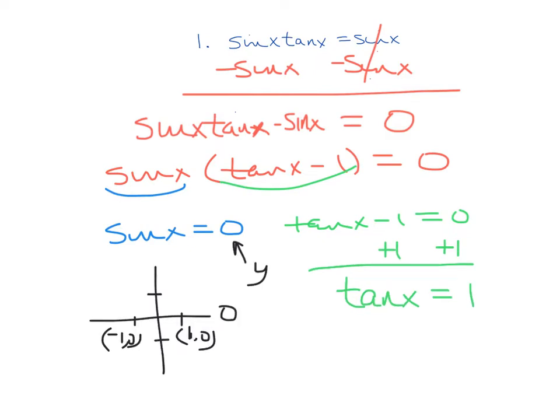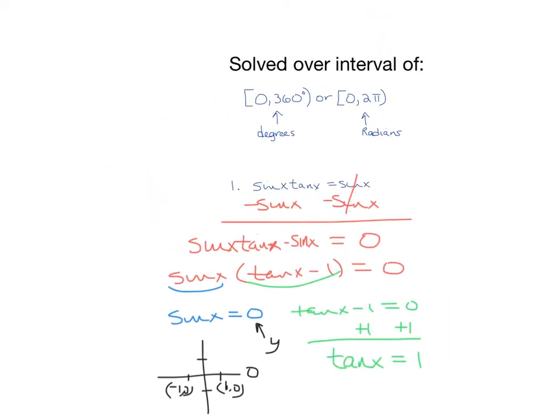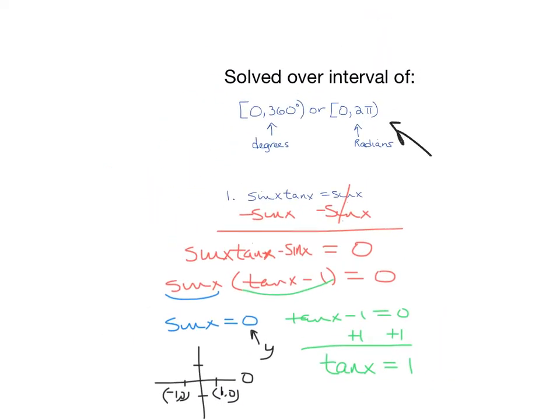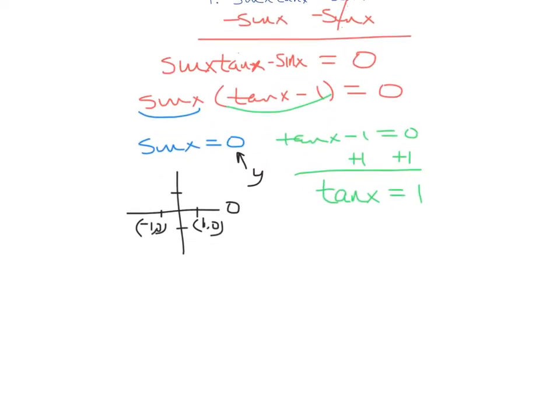Remember, this one is for 0 and 2 pi. But again, remember your interval has a parenthesis around the 2 pi, so I don't include 2 pi or 360 in any of my answers because of the interval notation. So this answer over here is going to be 0 and pi if it were in radians.